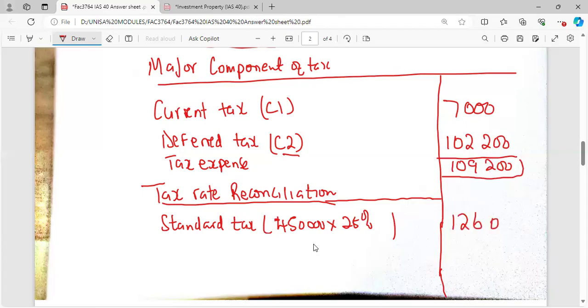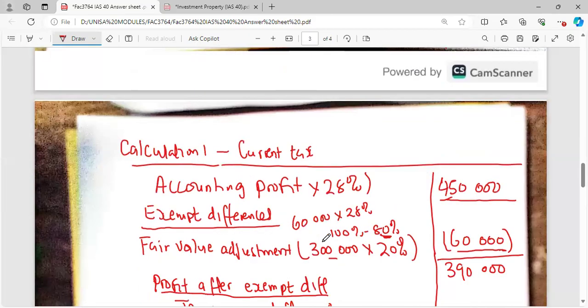So you now need to adjust this 126,000 by exempt differences. We have already calculated them, but now we apply the tax rate on 60.